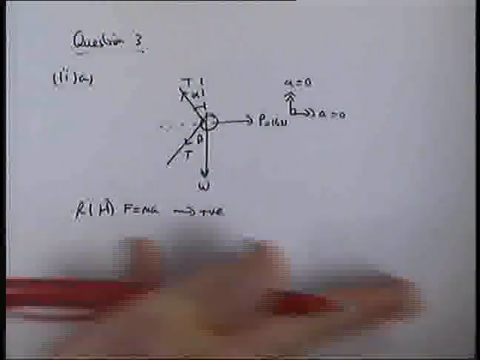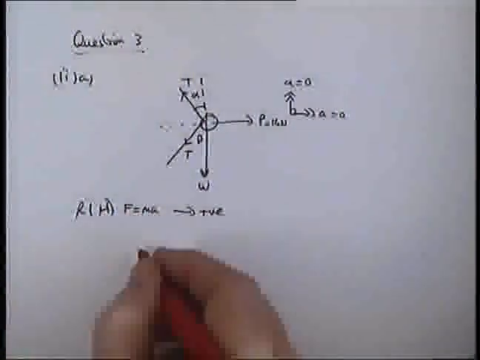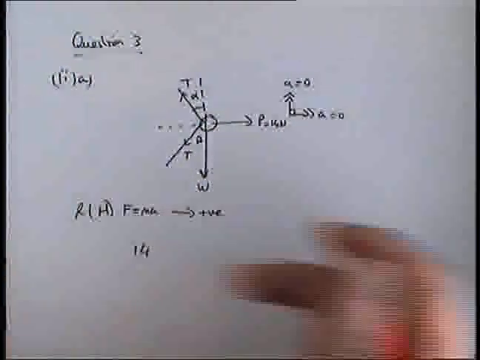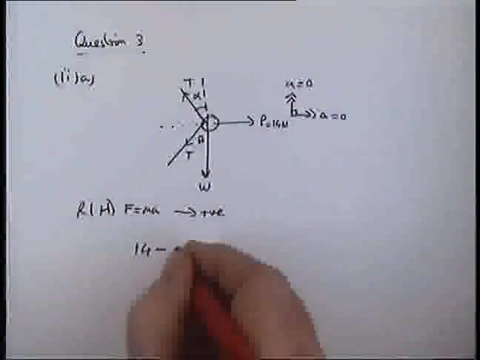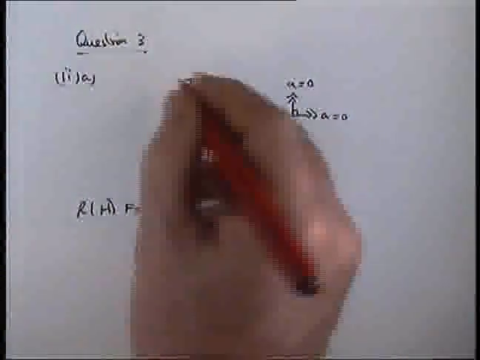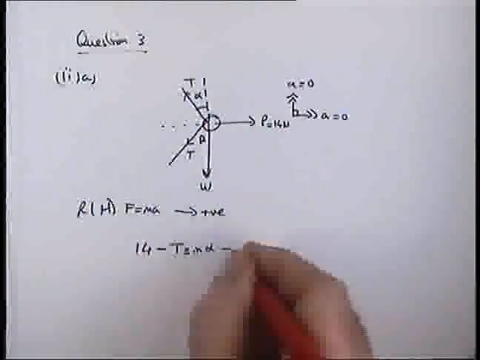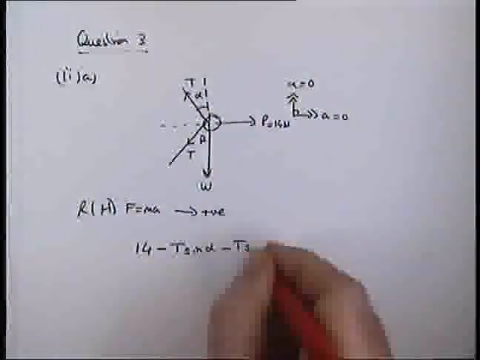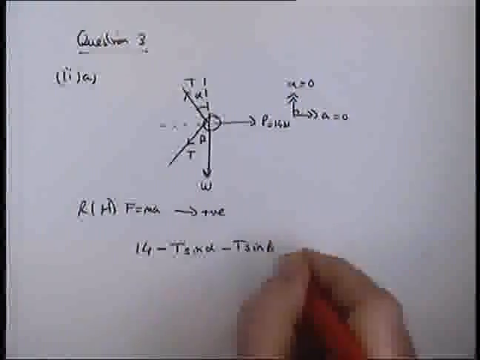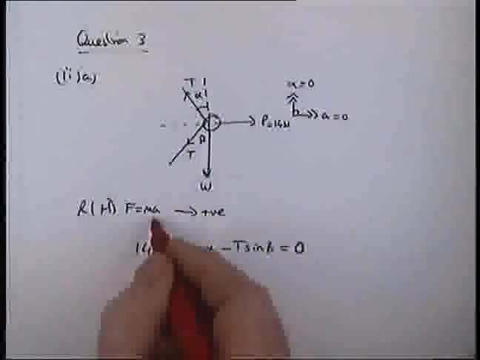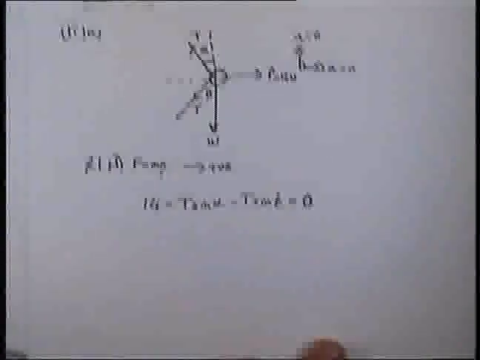Right, if we resolve in this direction, anything in that direction is positive, so we get 14. Any component of force in that direction is negative, so we're going to get the component of the two tensions: T sine alpha minus T sine beta is equal to 0, because remember the acceleration A is equal to 0.